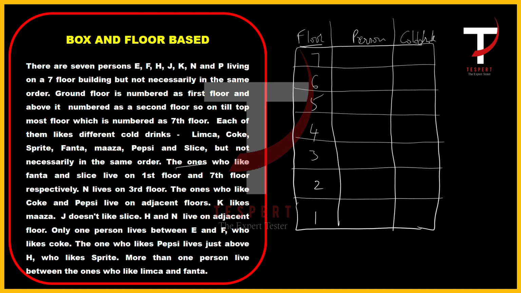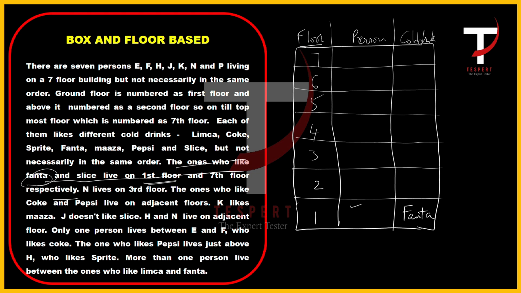The ones who like Fanta and Slice live on 1st floor and 7th floor respectively. So the guy who likes Fanta lives on the 1st floor. So Fanta comes here.